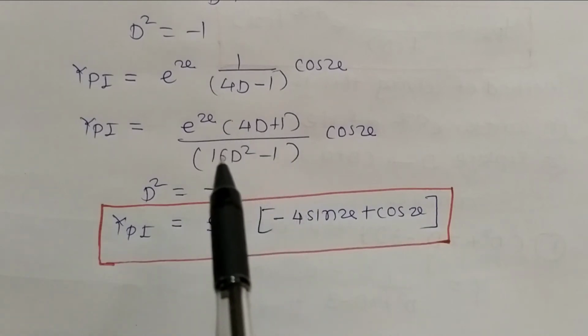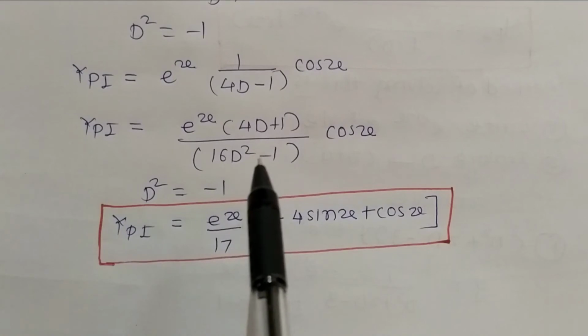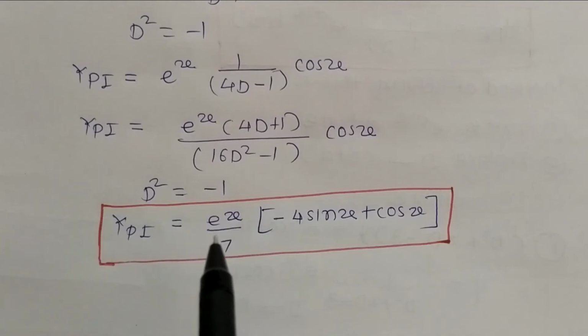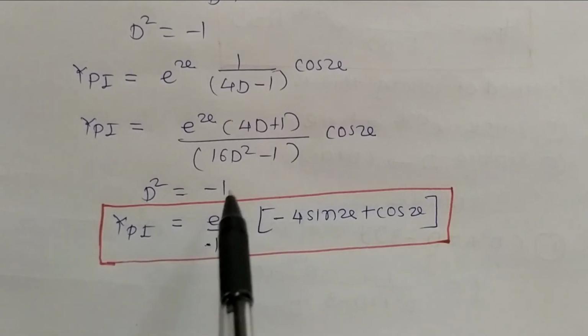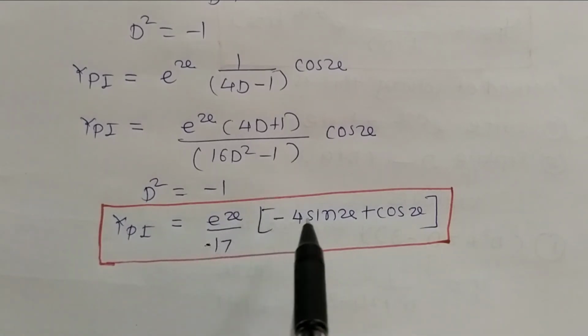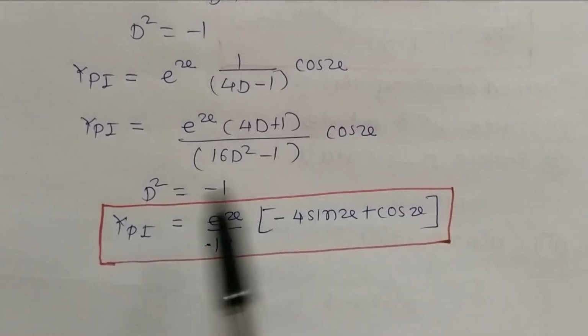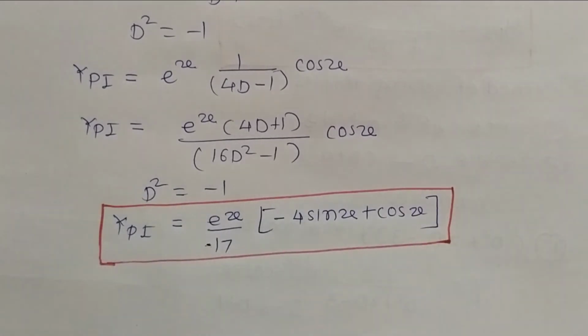And in the denominator, 16 into minus 1 is minus 16, minus 1, that is minus 17. So e raised to x, over minus 17, into minus 4 sin x plus cos x. This is the solution of that differential equation.